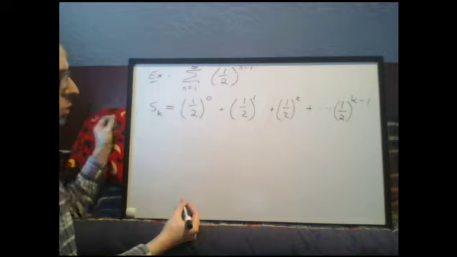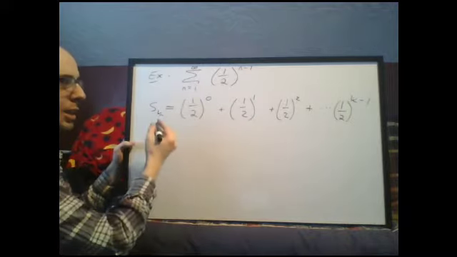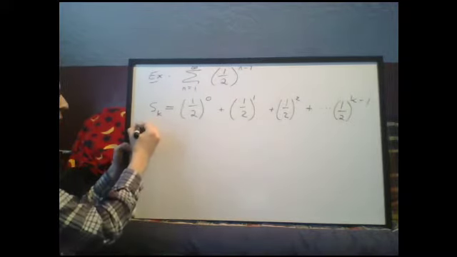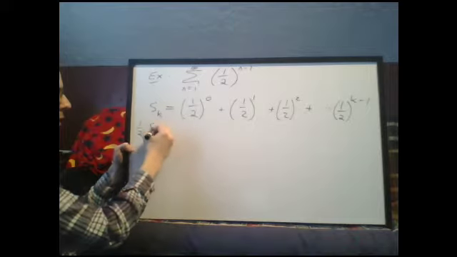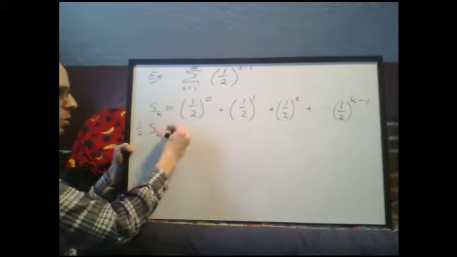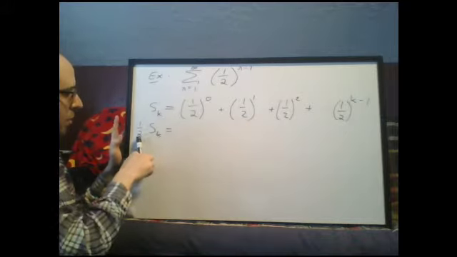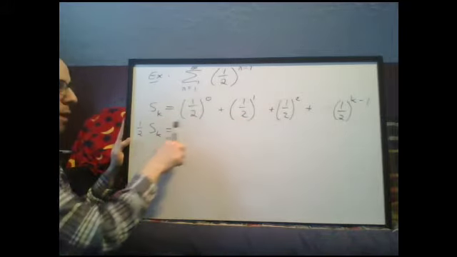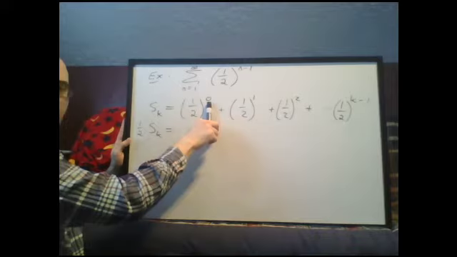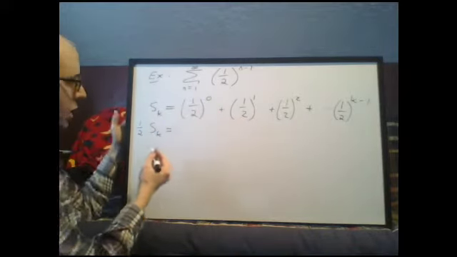So what I'm going to do is rewrite the exact same thing, except I want to write 1/2 S_k. I want to multiply this whole sum by 1/2. When I multiply each of these terms by 1/2, I'm increasing the exponent on each term by 1. So let's write it out.